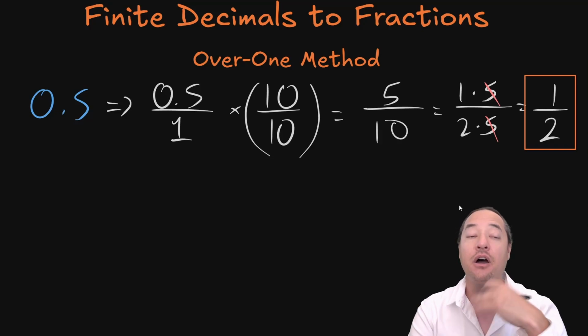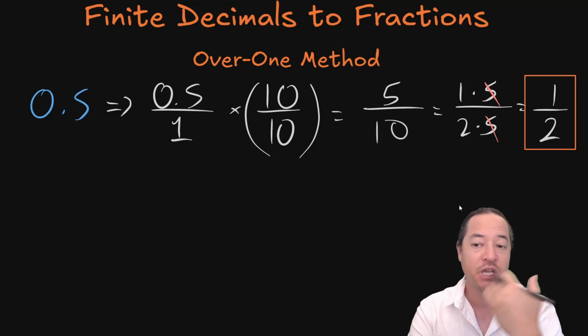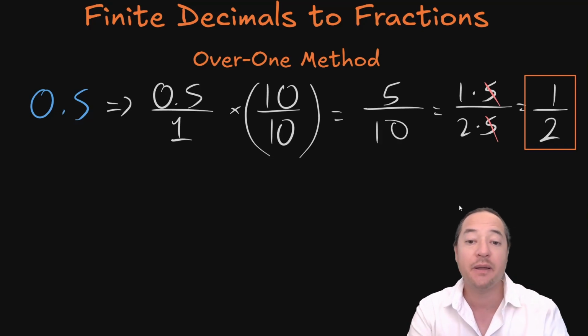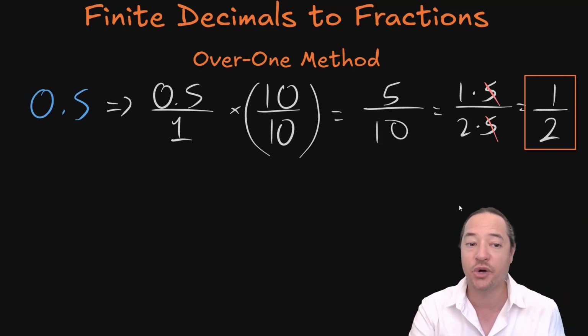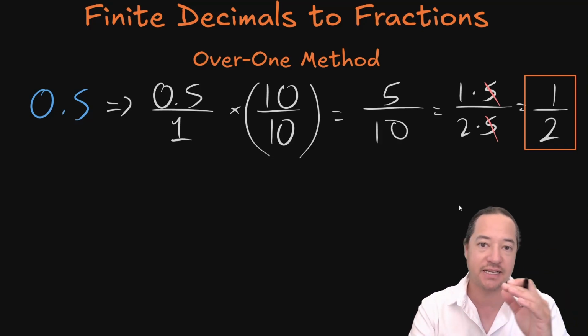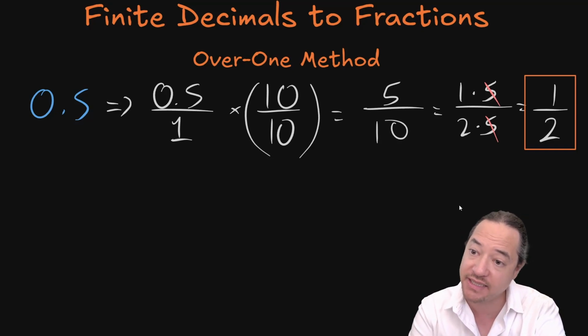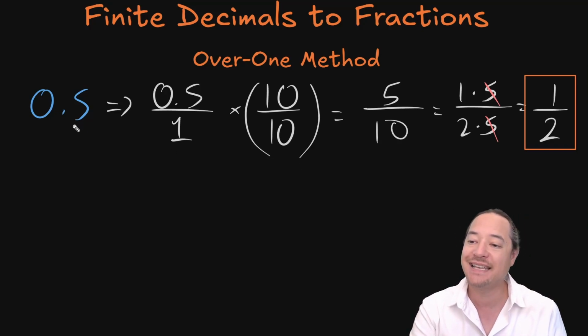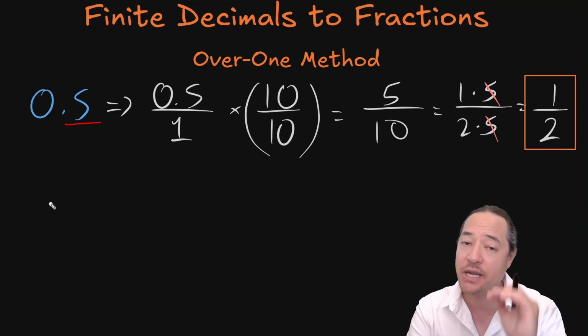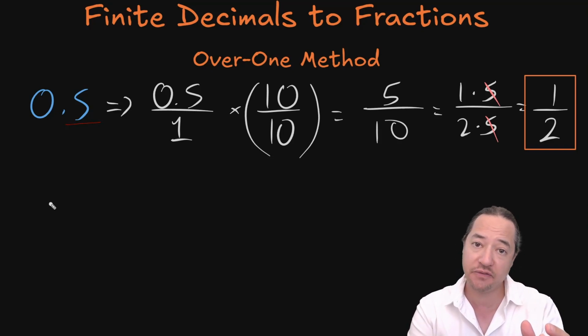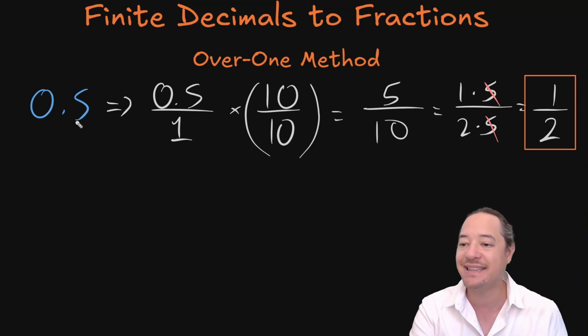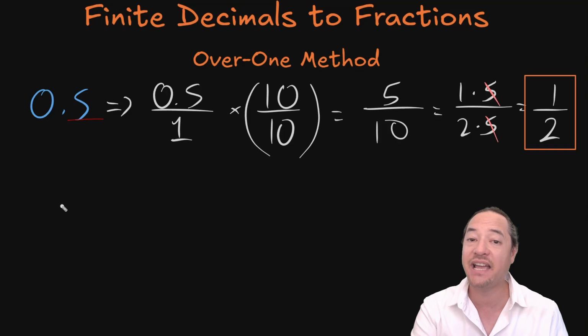Okay, so this is the over 1 method. Just take your decimal, put it over the number 1, and then multiply by the appropriate power of 10 over the same power of 10 in order to move that decimal point over. And then you can simplify it once you get it as a ratio of integers. Now, it's also possible to shortcut this a little bit. When we say this number in English, we could say 0.5, or since this is in the tenths place, we could say that this is 5/10.